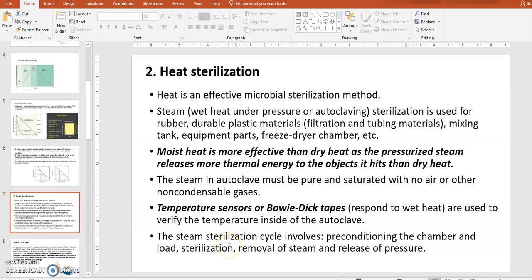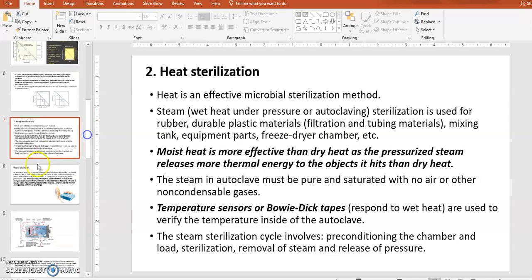The steam sterilization cycle involves preconditioning, preheating, where the chamber is heated up, and then loading, where your material is loaded. Then you shut the door, introduce the steam heat, and maintain it for at least 15 minutes. Then remove the steam, release the vacuum pressure, and take your stuff out.